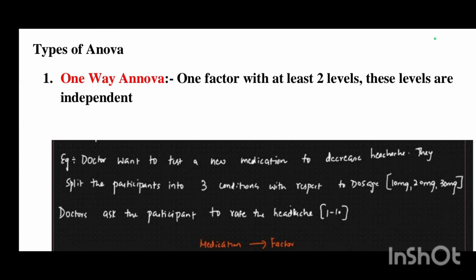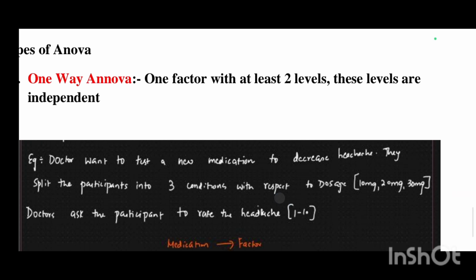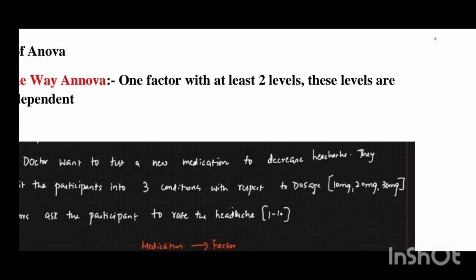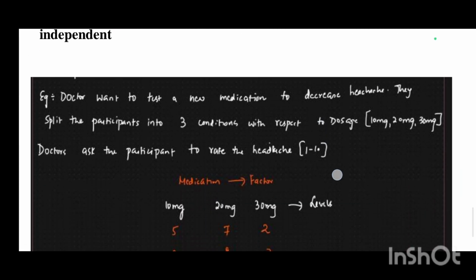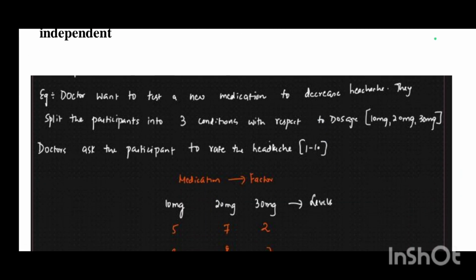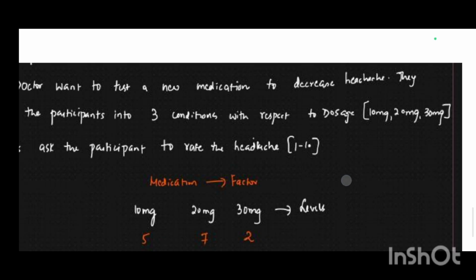ANOVA one-way classification means one factor with at least two levels. These levels are independent. For example, a doctor wants to test a new medication for a particular disease.